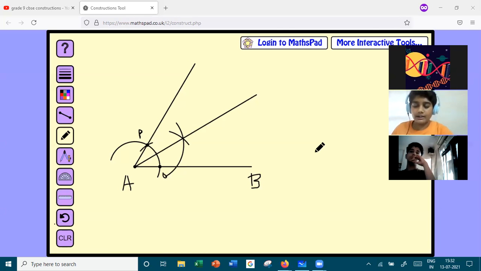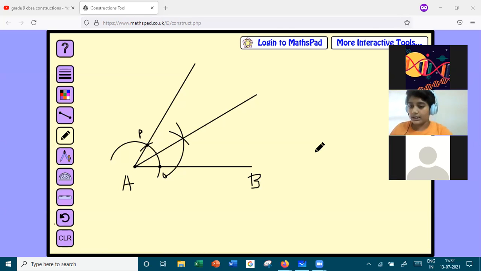I didn't take a different measure, but I still got 30 degrees. So you're saying you took OP as your radius. Yes, ma'am, the same radius which we took for 60 degrees. Yeah, that's also correct. And for 15 degrees also I continued that only.